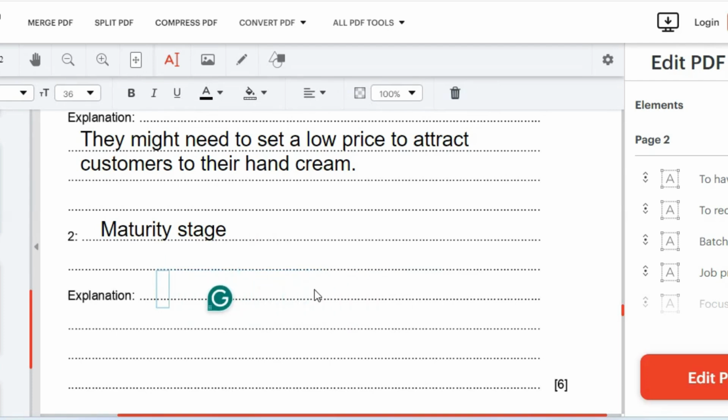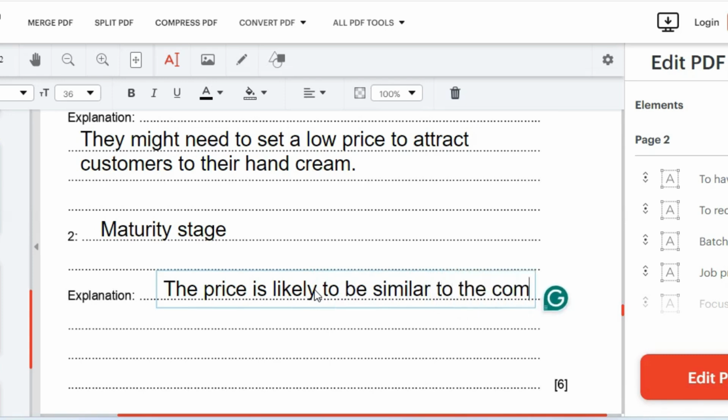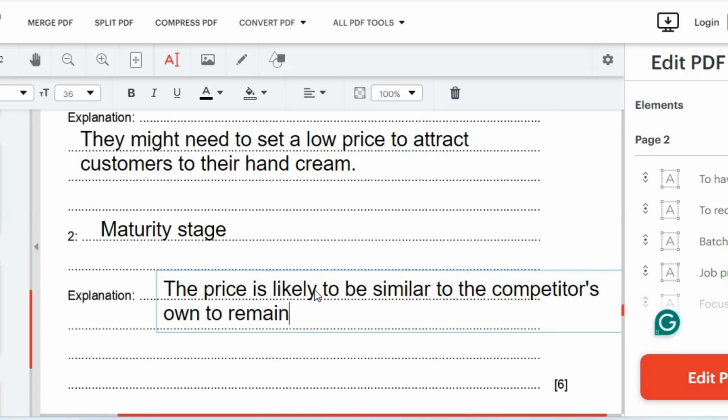The price is likely to be similar to the competitor's own to retain the market share for the product.